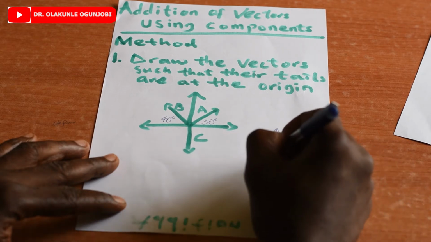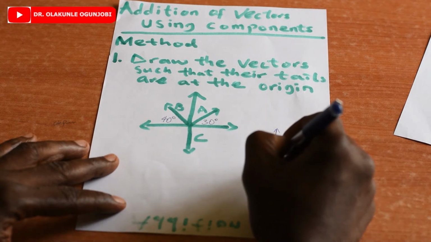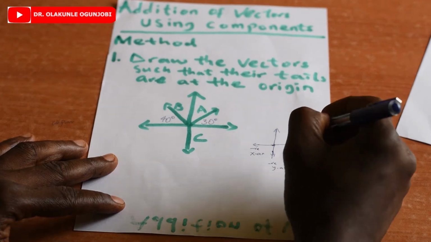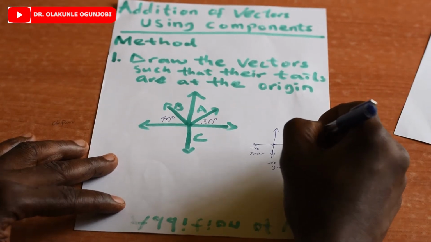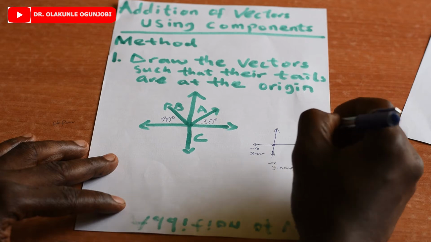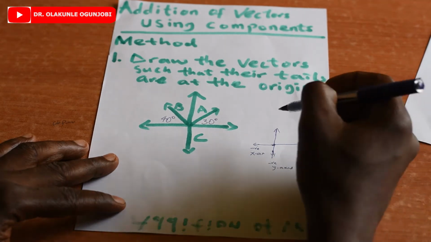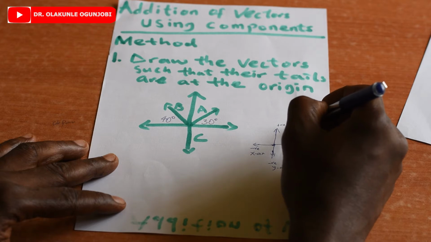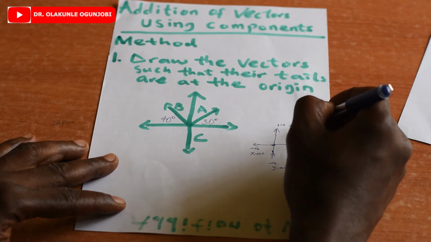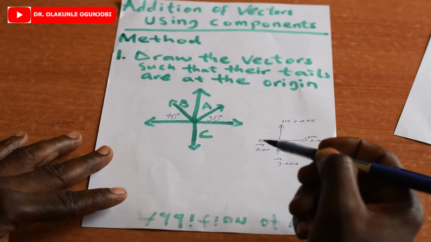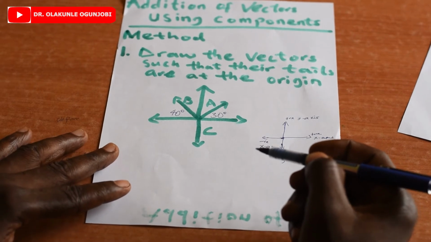And of course, this is negative y-axis. This is positive x-axis, which I've shown previously. And this one, of course, is positive y-axis. These are very important while resolving our vector.